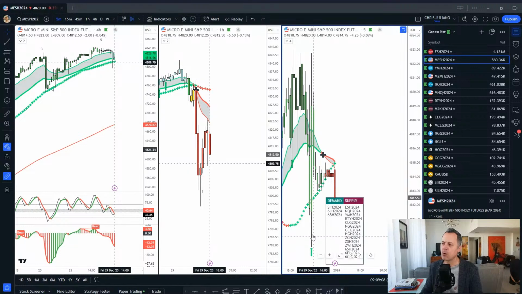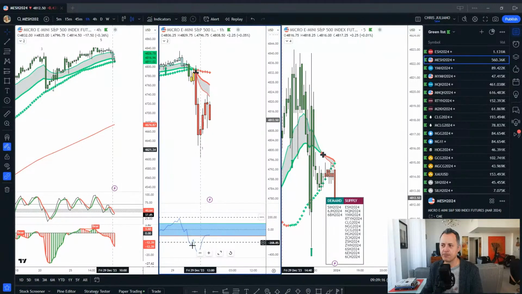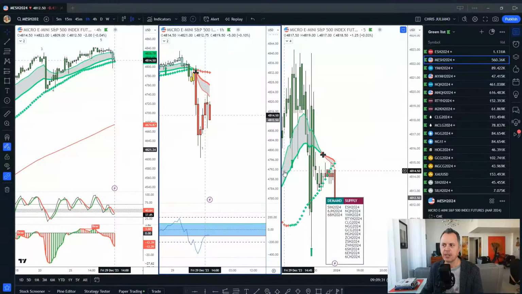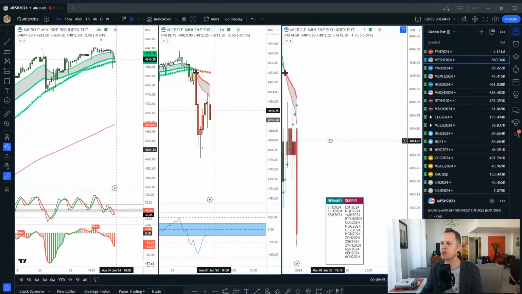So we're matching the signal, okay? We're matching the signal to the momentum, okay, which is used by the CCI indicator. We're using the momentum on the 1-hour and the trend on the 15-minute. Okay, so we're matching that up, and we're taking those signals.